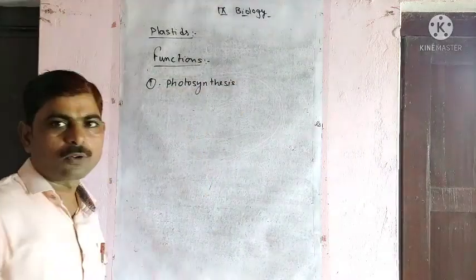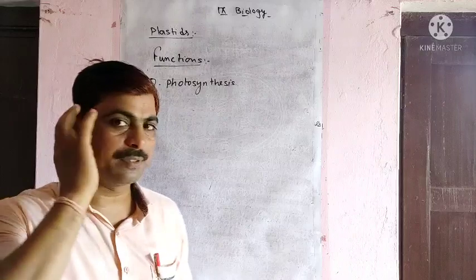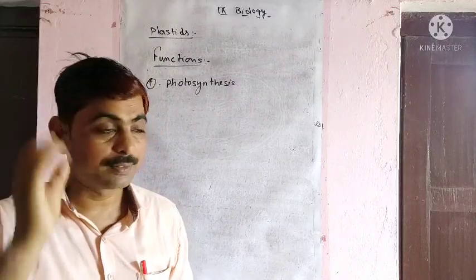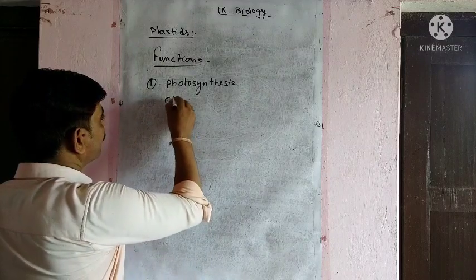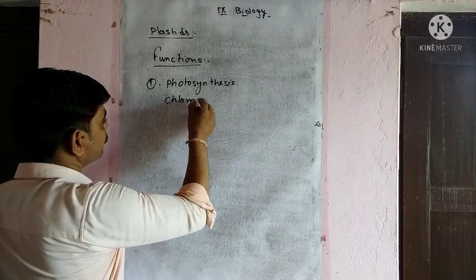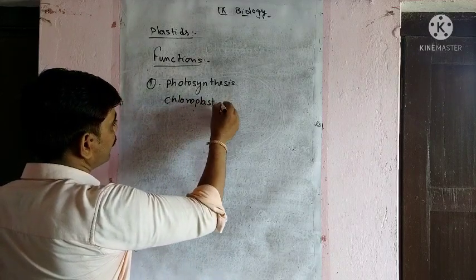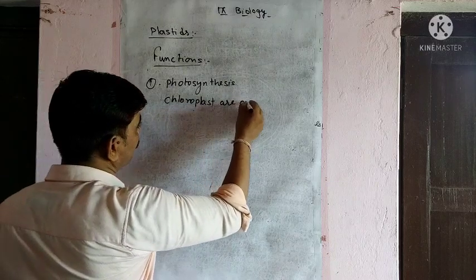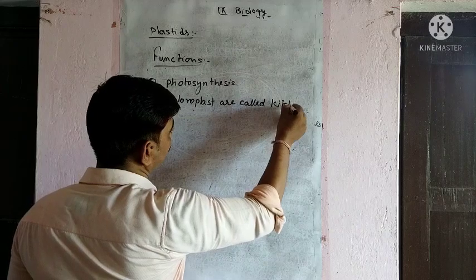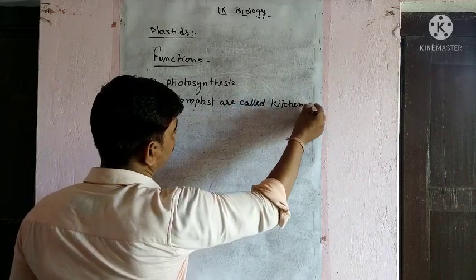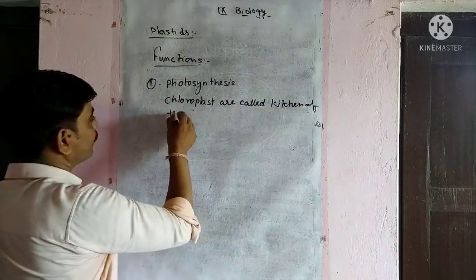That is the chloroplast. Chloroplasts help in photosynthesis in green plants. Okay, and that's why chloroplasts are called the kitchen of the cell.